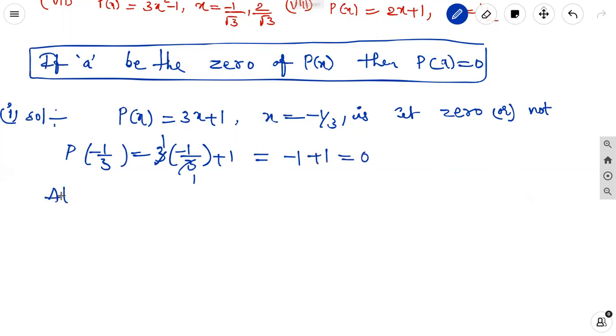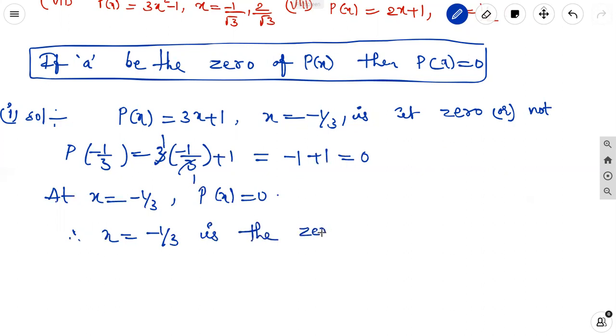So at x equal to minus 1 by 3, the polynomial becomes 0. Therefore, x equal to minus 1 by 3 is the zero of P of x equal to 3x plus 1.